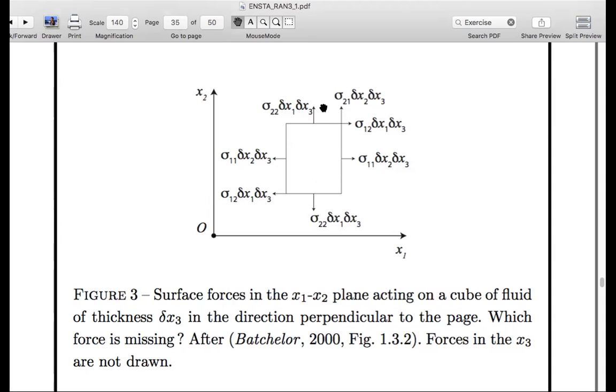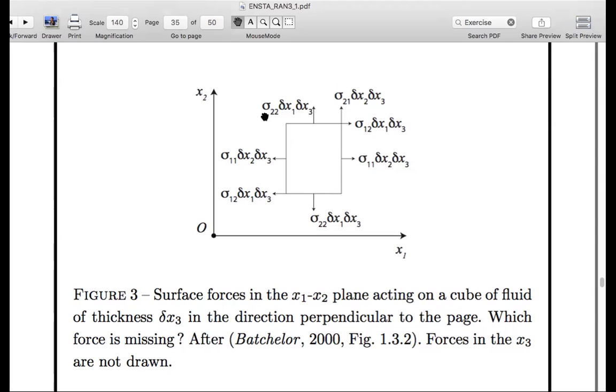And then there's another convention that we have to decide upon, which is we're talking about the forces acting on the surface. And the convention is that the force that's represented here is the force exerted by the exterior fluid on the interior fluid.